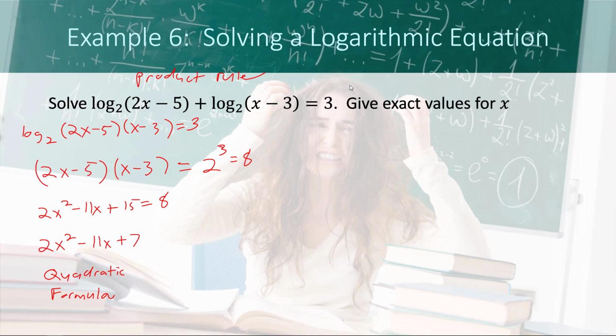And if you recall, the quadratic formula is that the solutions x1 and x2 are going to be equal to negative b plus or minus the square root of b squared minus 4 times a times c, all divided by 2a, where the quadratic equation is ax squared plus bx plus c equals 0.